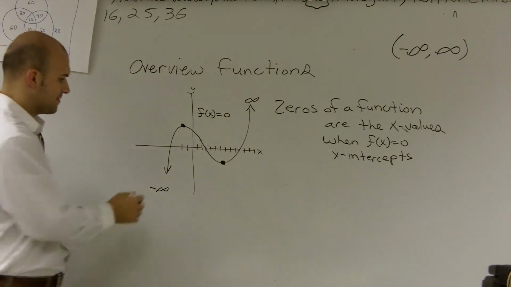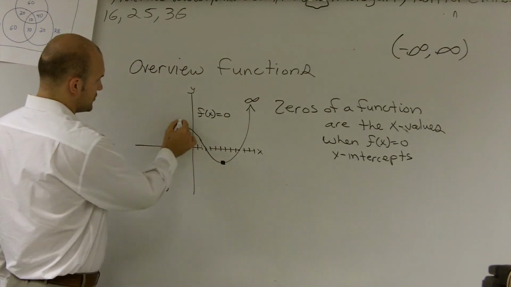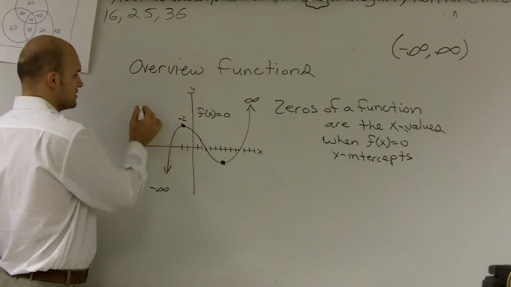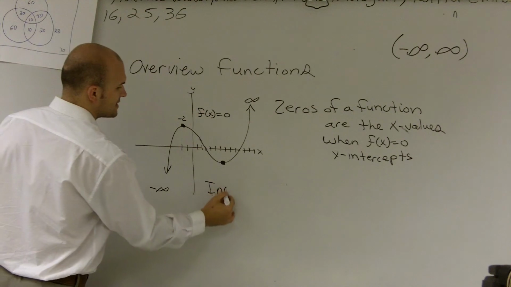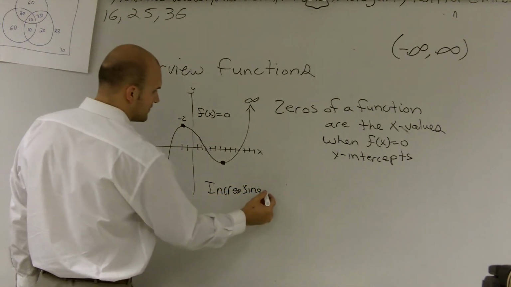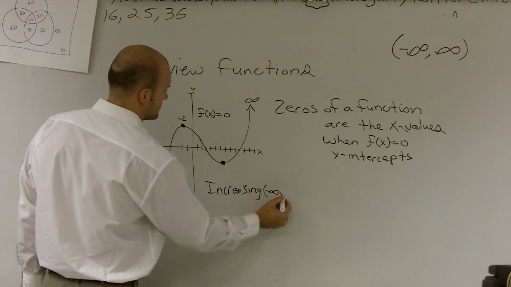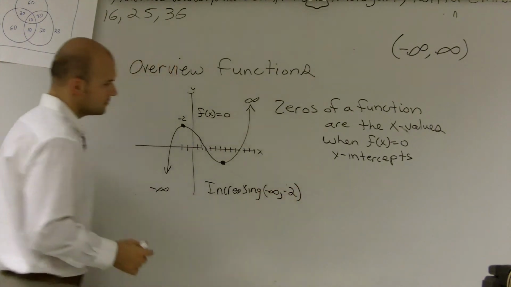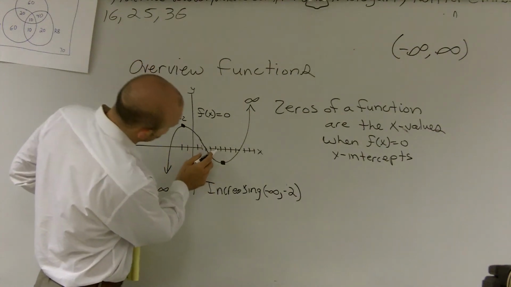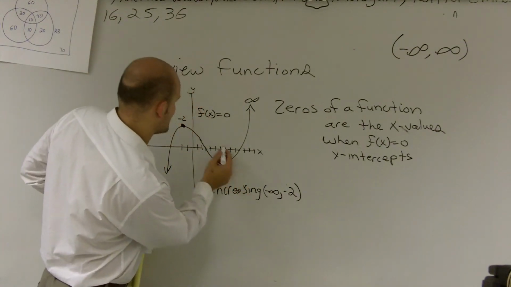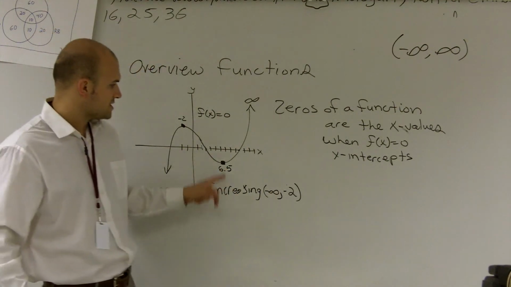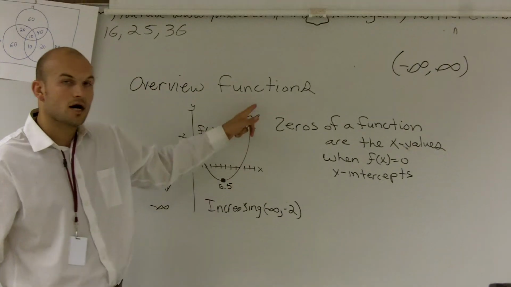So from the interval of negative infinity to negative 2, this graph is increasing. It's going upwards. So we'll write increasing from the interval of negative infinity to negative 2. There's another interval, and let's call this 1, 2, 3, 4, 5, 6. We'll call it 6.5. Looks like it's right in there between. We can say it's also increasing from 6.5 up to infinity.